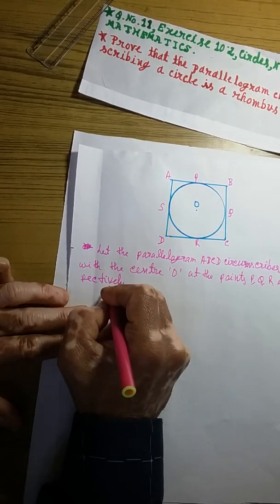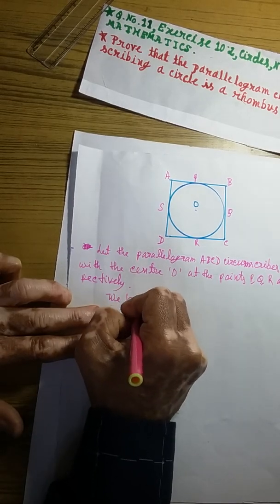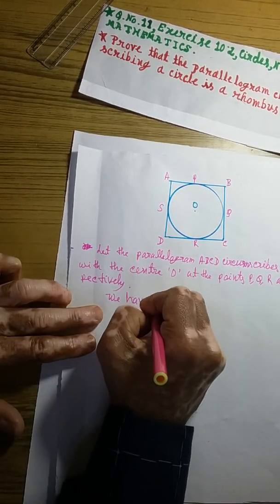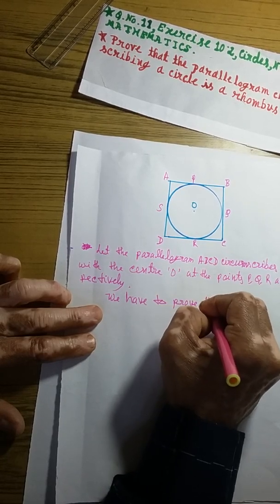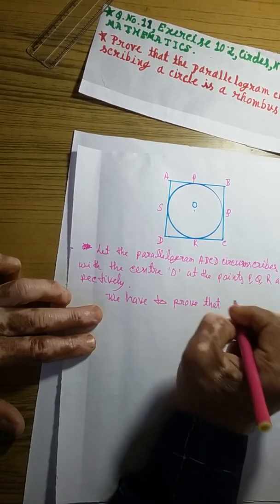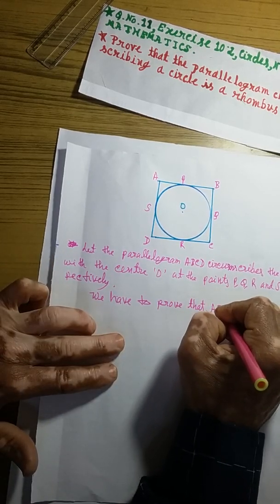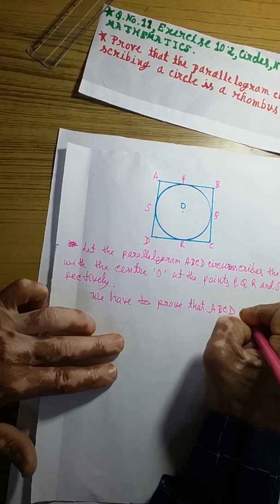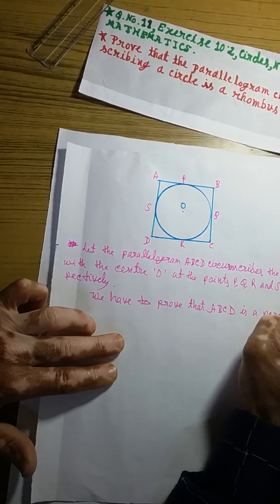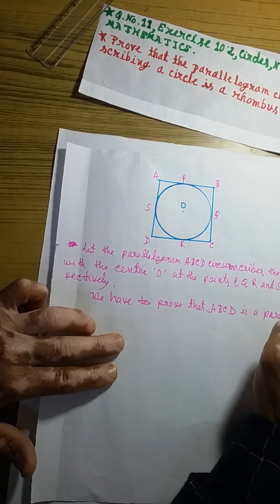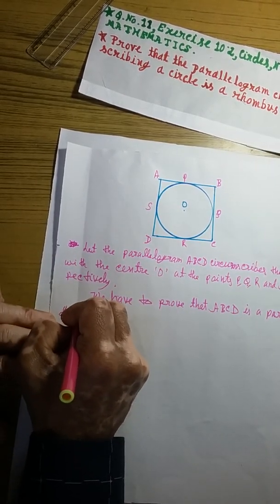After this, write in this way. We have to prove that ABCD is a rhombus.